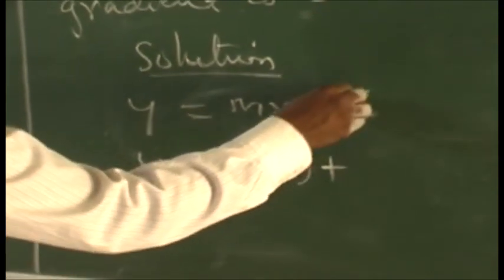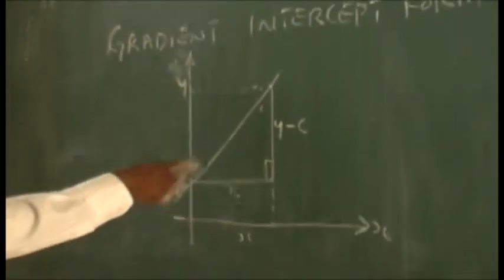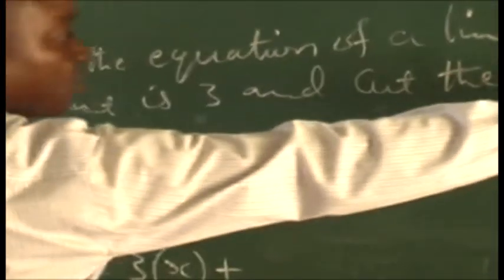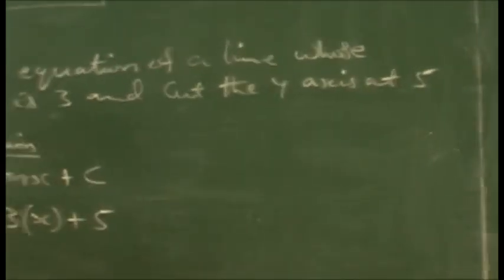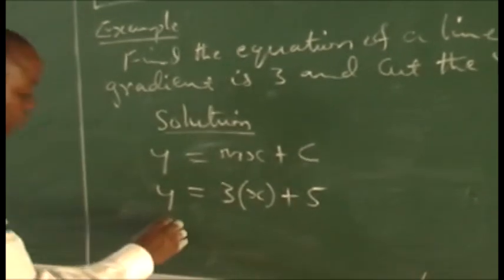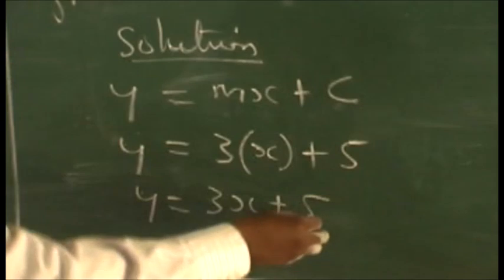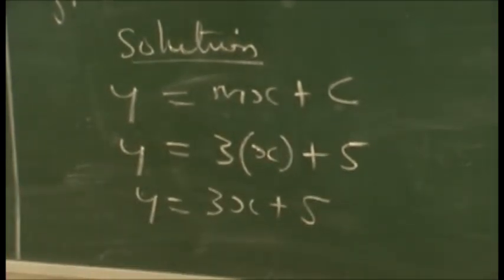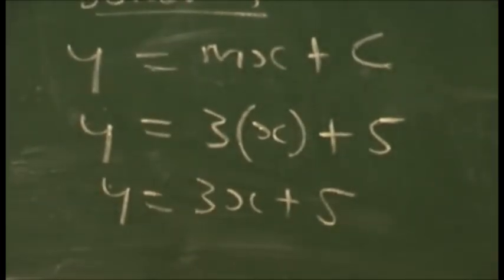You know, c is where it cuts the y-axis, which we represent by c. So when we hear about cut or intercept, it is point c. So we will now substitute this 5. Now if we do that, what we will have is y is equal to 3x plus 5. So it becomes the equation. Now we have formed the equation of a line with gradient 3 and it has intercept of 5.